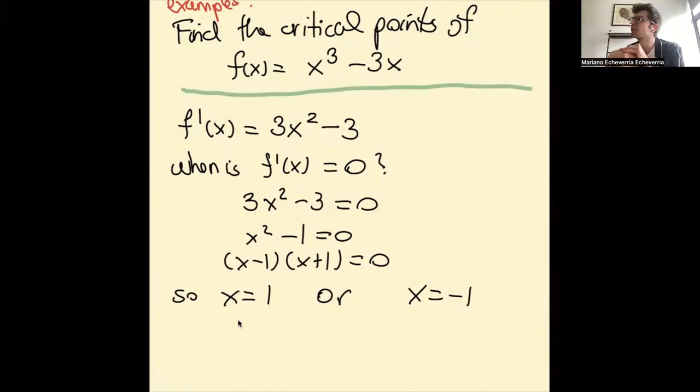Or there's also an option on the quiz format for just a text field where you would type it. So you could either type it as x equals 1 or x equals -1, or x equals plus or minus 1. That's fine. As long as you found both of them, it's not such a big thing how you enter it.